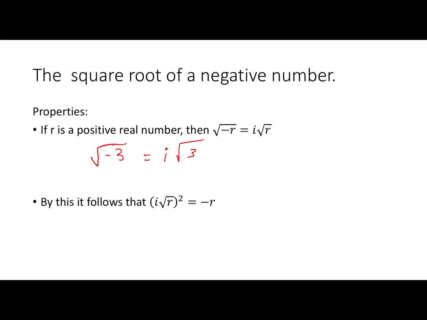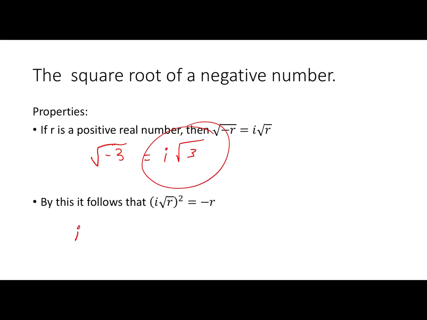This is a property that you want to remember, because anytime you have a negative inside of the square root, you don't want to write down no solution from now on. We're actually going to be writing down our answers, and this is the format that we want to write it in.